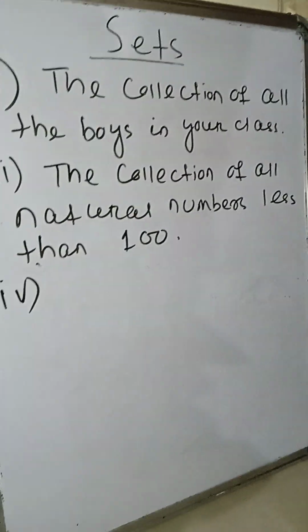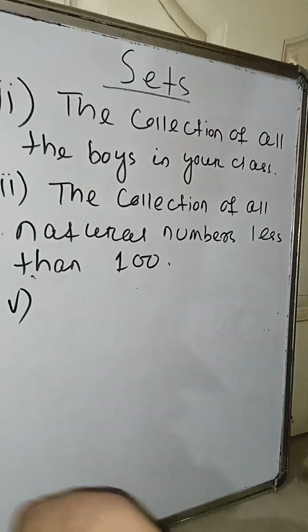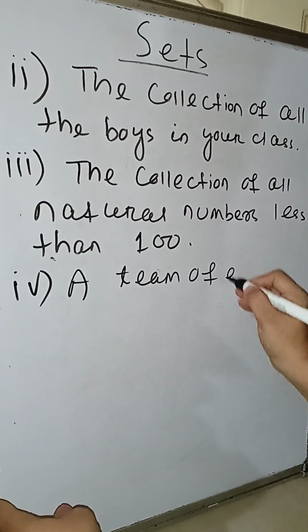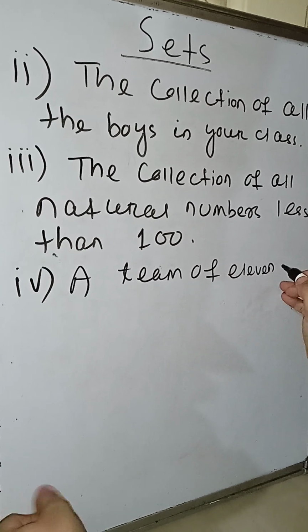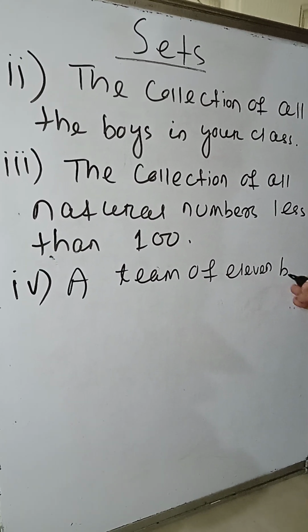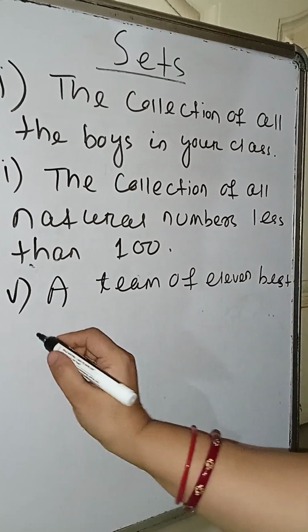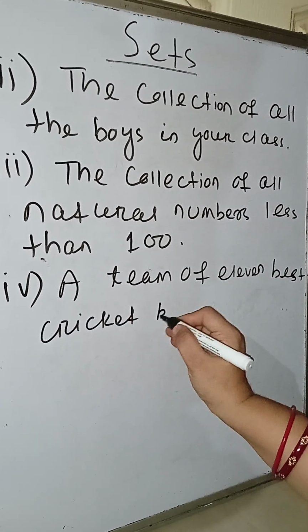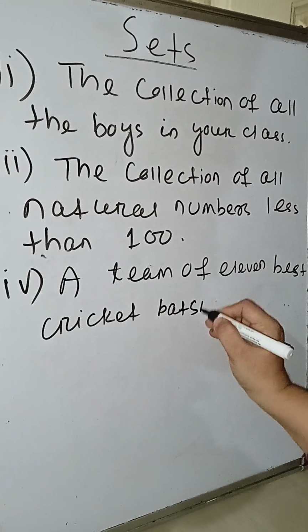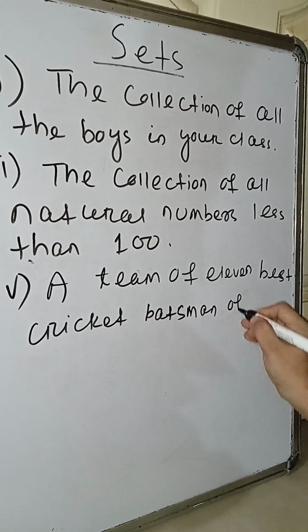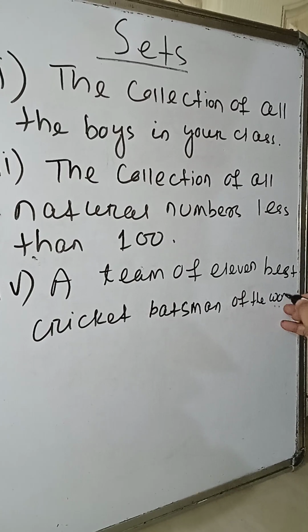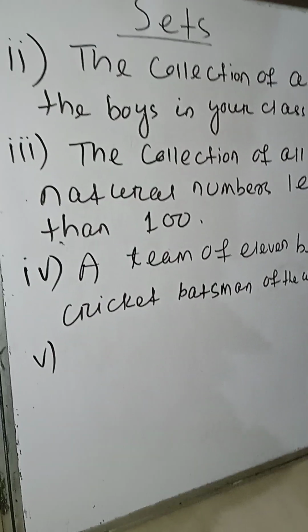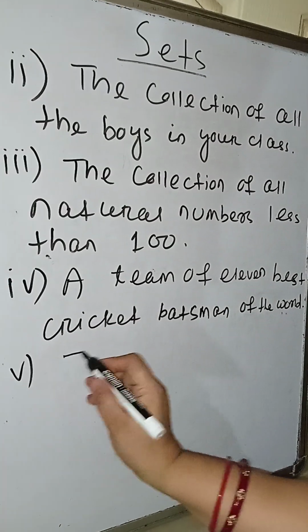Now write another example: a team of 11 best cricket batsmen of the world. You should try to find whether it is a set. Then, the collection of questions in this chapter.